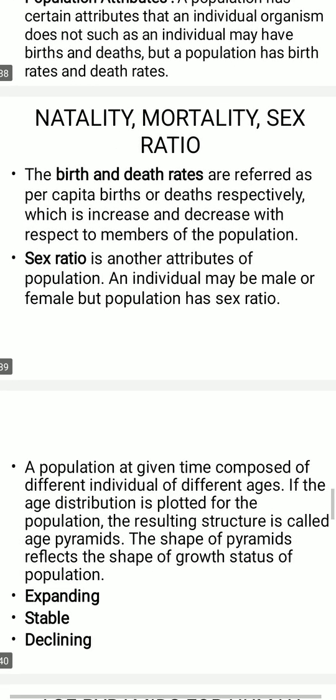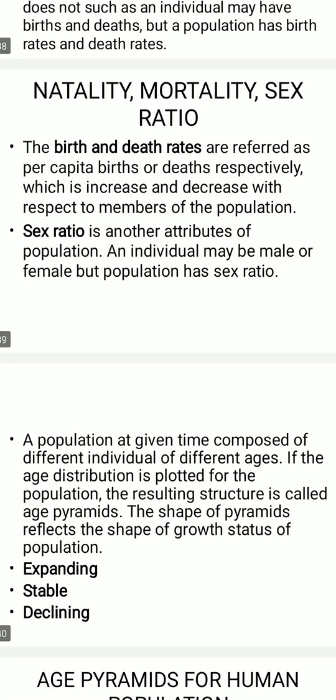A population at a given time in a given geographical area is composed of individuals of different ages or age groups.